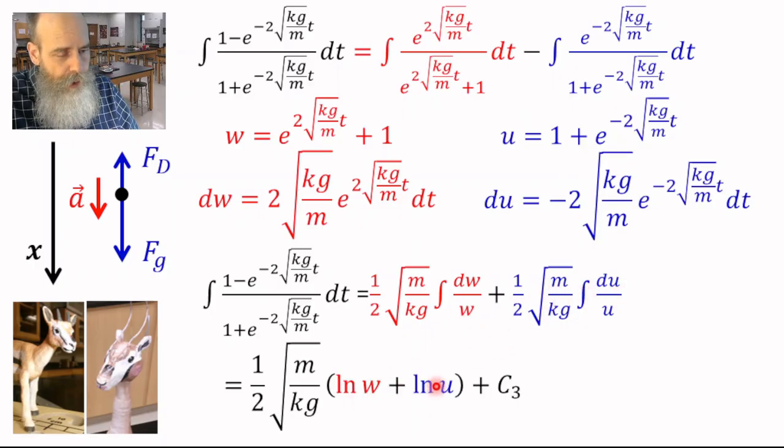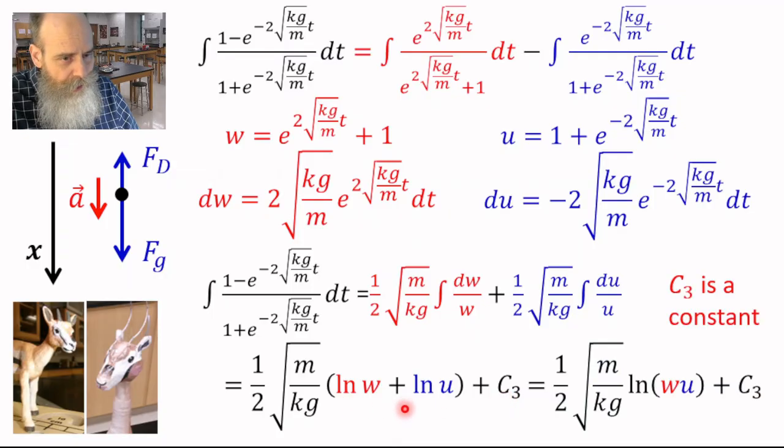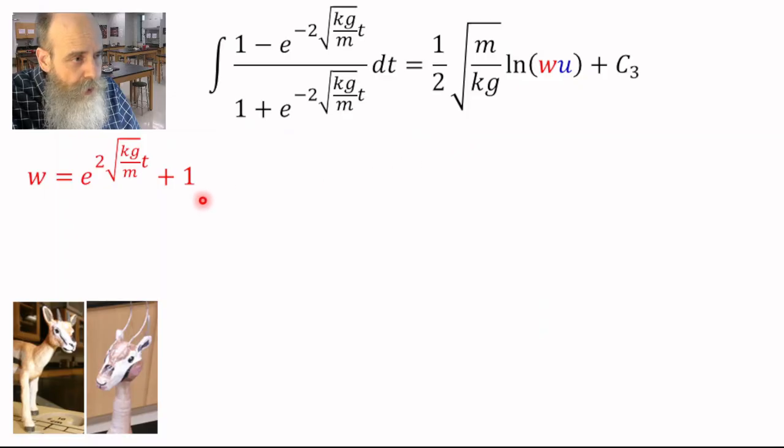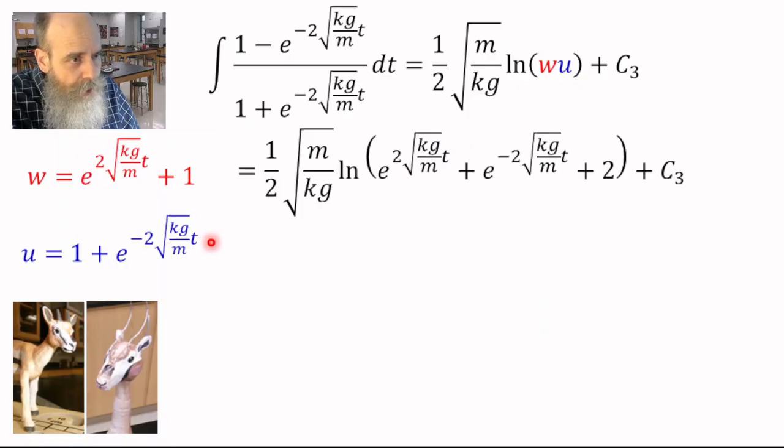This one is ln u plus a constant c3. And then we could combine these two ln functions, which gives us ln wu. Okay, so this is what we got for this integral. And w is this, u is this. Let's multiply them together. When we multiply w times u, we get this.